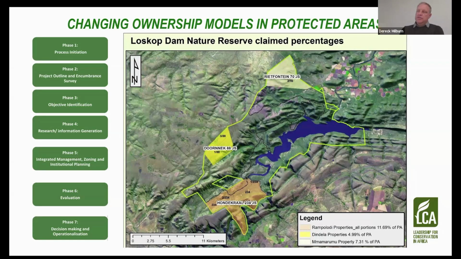Now, that happens through a settlement agreement and a co-management agreement. When the land is given back to the communities, what we call a communal property association, it's a settlement agreement that determines how that land is given back. And because those properties are located within an existing protected area managed by a management authority, they sign a co-management agreement with that management authority to say, we grant permission for the management authority to manage our land within this reserve.